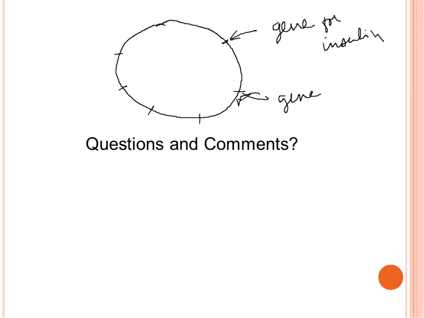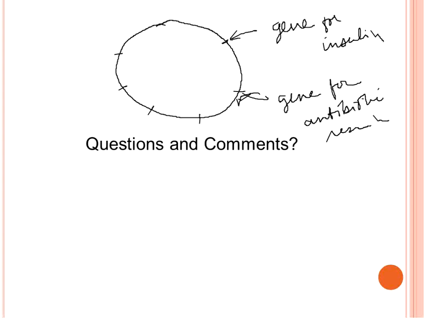We are going to talk about this a little bit later. Gene for antibiotic resistance in there. Okay, so they can literally design the type of plasmid they want and use different restriction enzymes for different purposes.